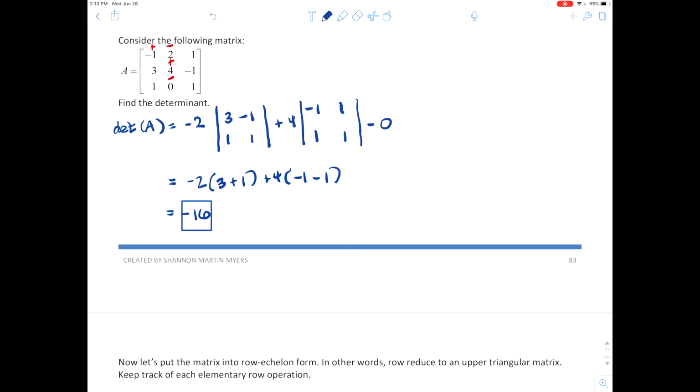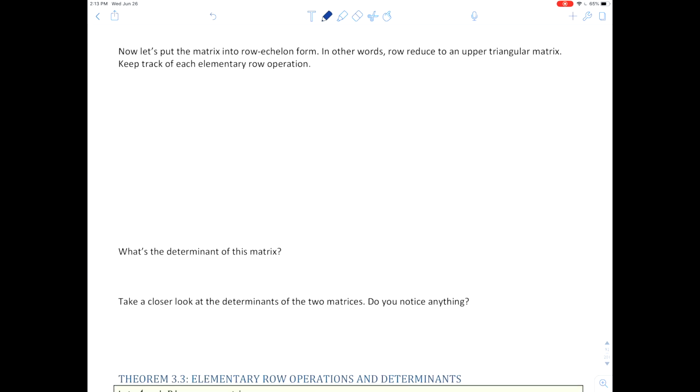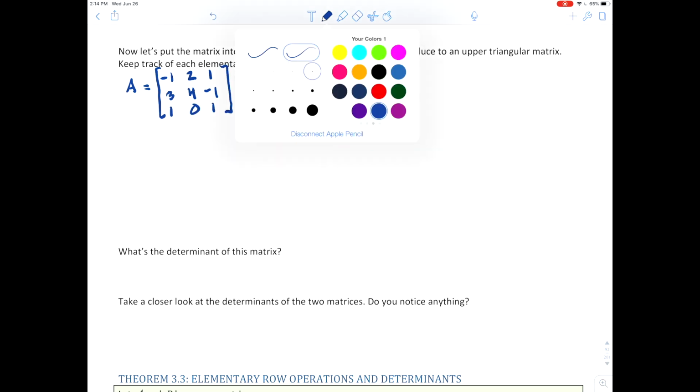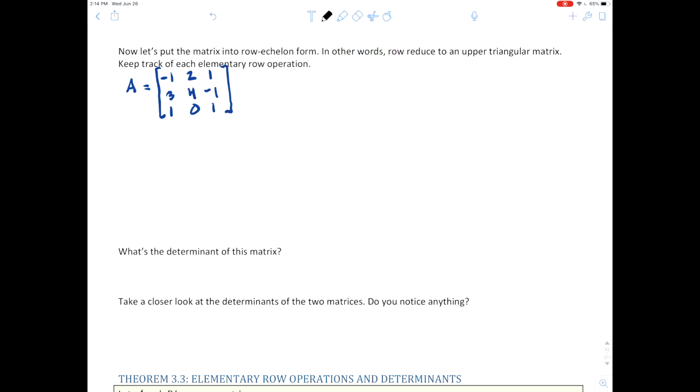All right, so A was equal to -1, 2, 1, 3, 4 is -1, and 1, 0, 1, okay? And so I want to make a triangular matrix, right? So to do so, I'll go ahead and just do it like we regularly do, get the bottom 3 zeros, okay?